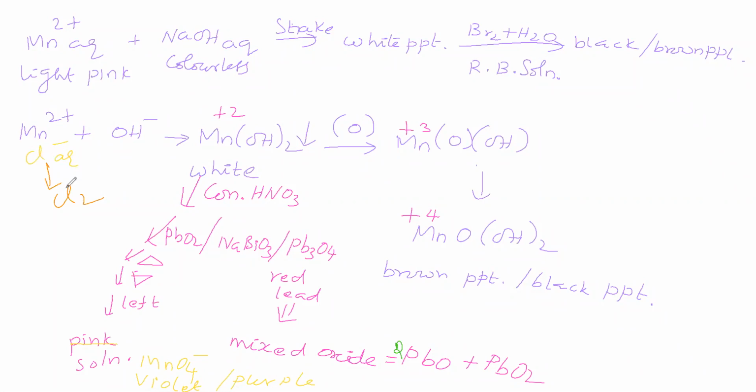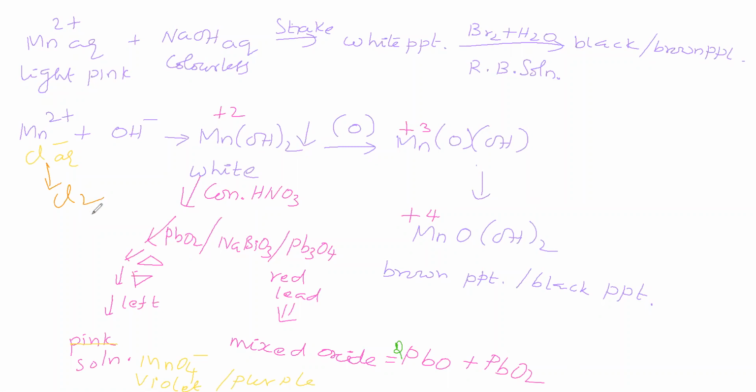So Cl minus oxidizes to give Cl2, Mn2+ oxidizes to give permanganate, while the lead or bismuth reagent undergoes reduction.